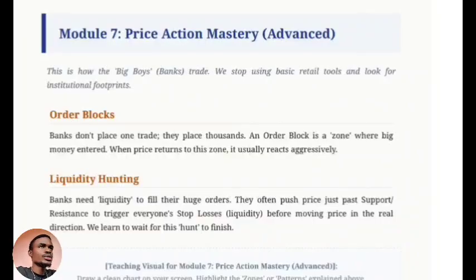But price action is just you analyzing the chart, taking trades based on candlesticks instead of indicators. This is what I mean when I say this is how the big boys, that's the banks, trade. So as a retail trader, your duty is just to tag along with them, using their strategy to follow up with them.